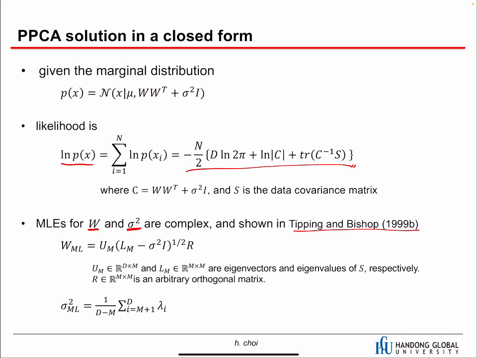We have the equation, take a derivative with respect to W and sigma square and set them to zero, then you can get these two equations. Good. So we have a PPCA and we can estimate mu, W and sigma square based on maximum likelihood estimate. Perfect.